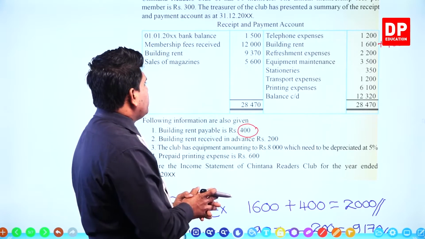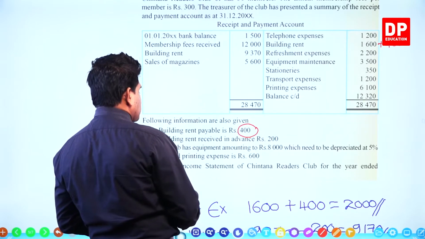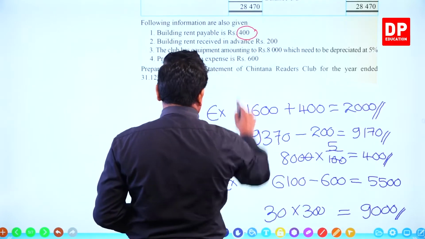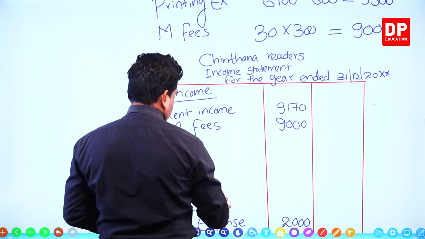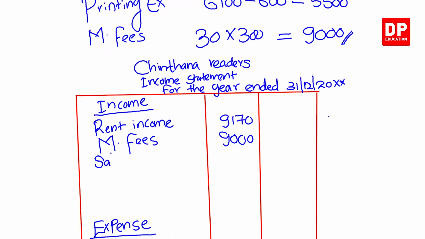Then building rent, do you take? No, we have taken it. Sales of magazines 5,600.